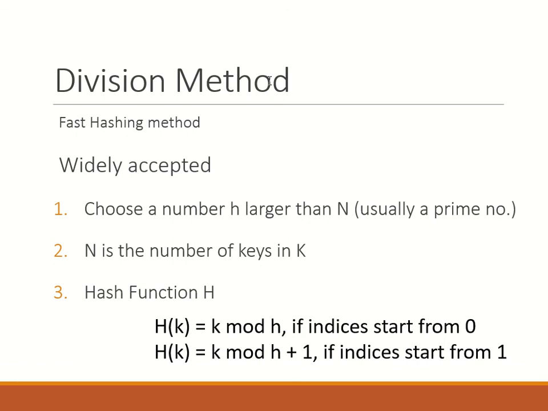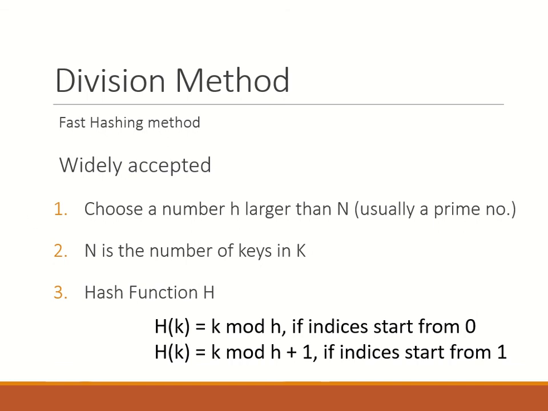Then the hash function is h(k) = k mod h, where k is the key and h is the table size. Then you will have indices starting from 0. If your indices start from 1, you take k mod h plus 1. So this is one method, the division method.